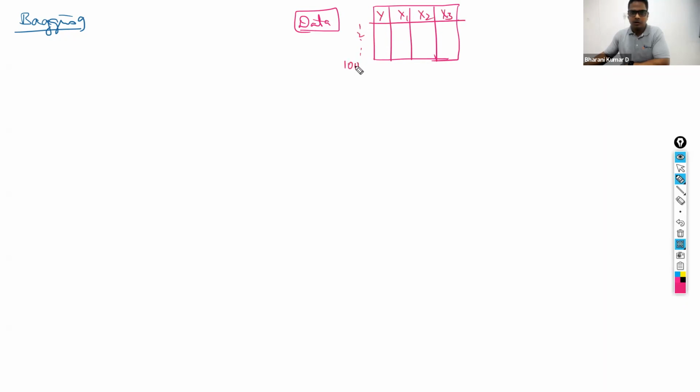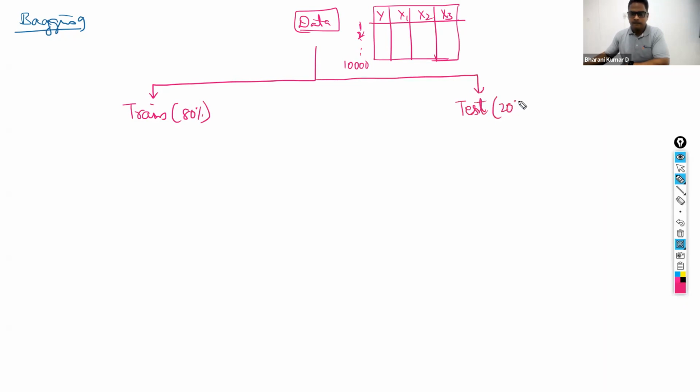You have some data, 10,000 observations. What do you do? You randomly split this data into training data set and test data set. Okay. Randomly we are splitting the data into training and test.